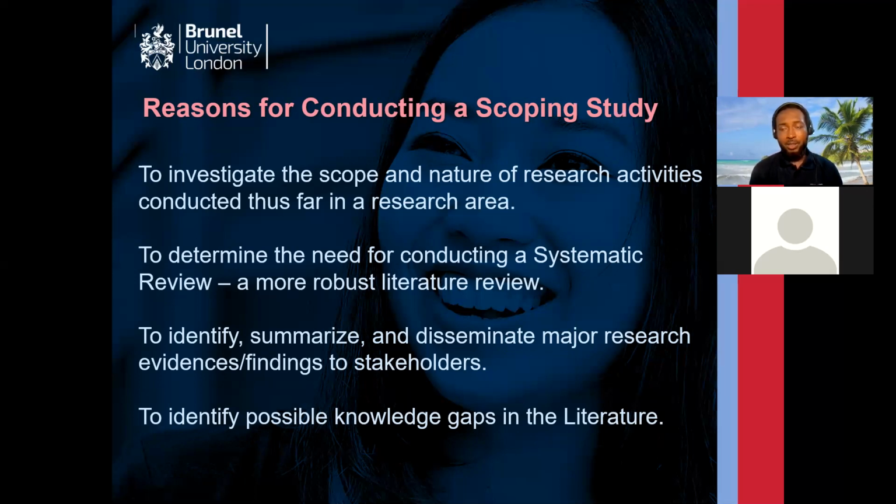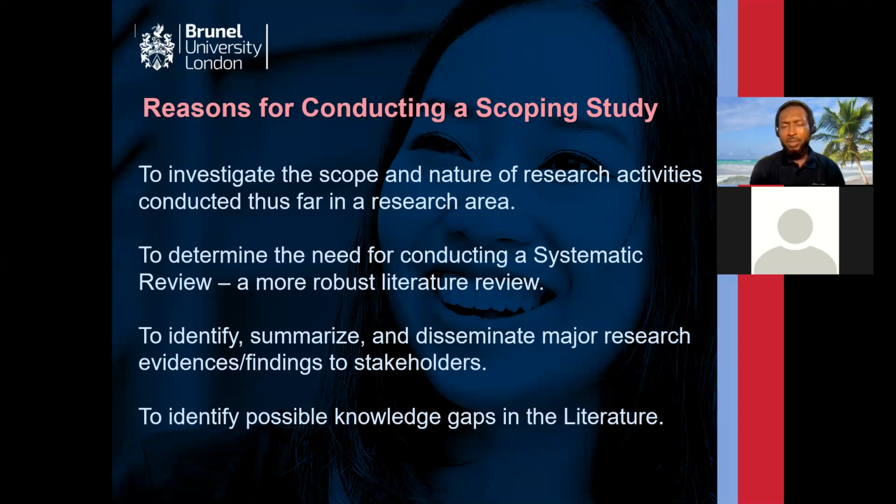Another reason could be to determine the need for conducting a systematic review, a more robust literature review. And also you might want to identify, summarize, and disseminate major research evidence and findings to stakeholders. This is more like what students would want to get into. It could inform their choices of scoping review.